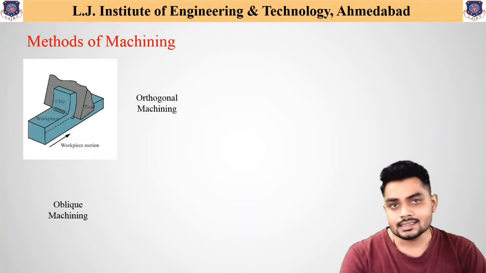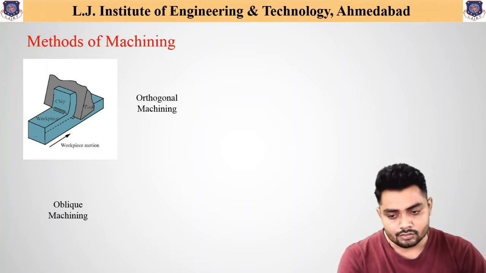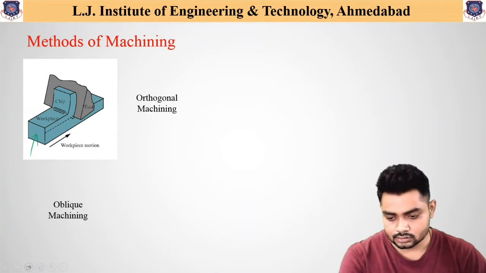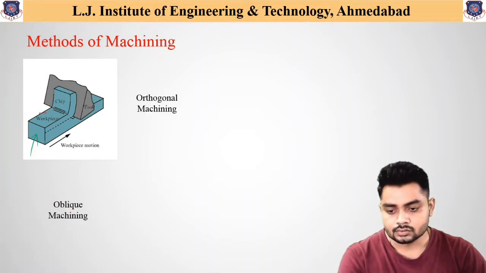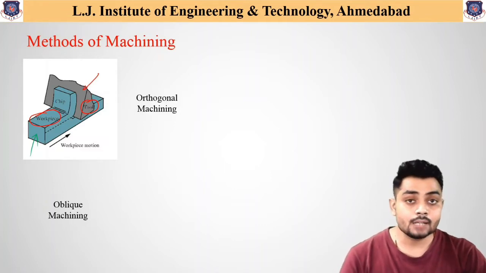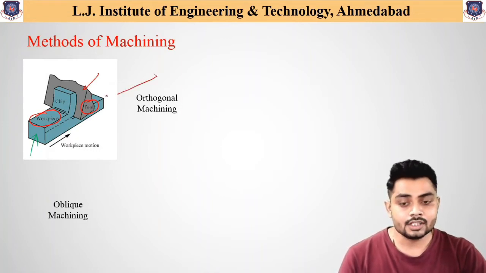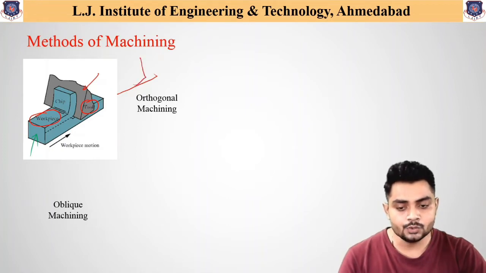To understand this, let us have a look at the figure. Over here you can see the workpiece and the cutting tool, which is indicated by this black color. Now this workpiece and cutting tool are perpendicular to each other. That means if the workpiece is in this particular position, the tool is provided perpendicular to this for removal purpose.